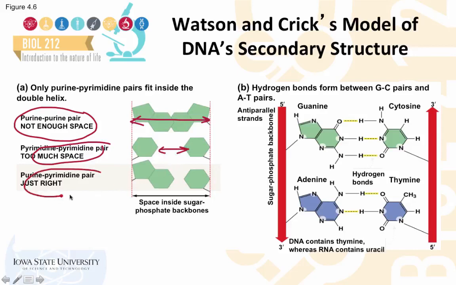When they tried a purine-pyrimidine pair, the distance was just right. This led them to conclude that purines must base pair with pyrimidines on opposite strands of the double helix. We know now that this interaction occurs via hydrogen bonding between the nitrogenous bases on opposite strands of the DNA.